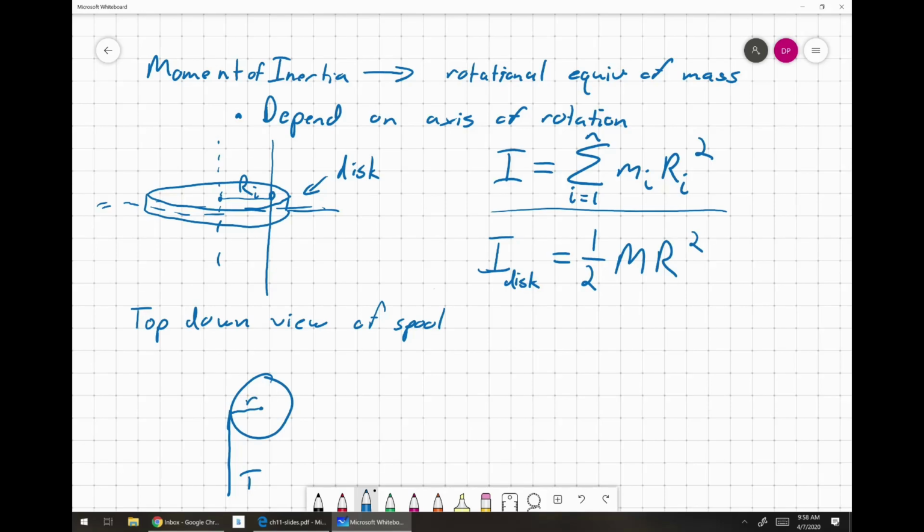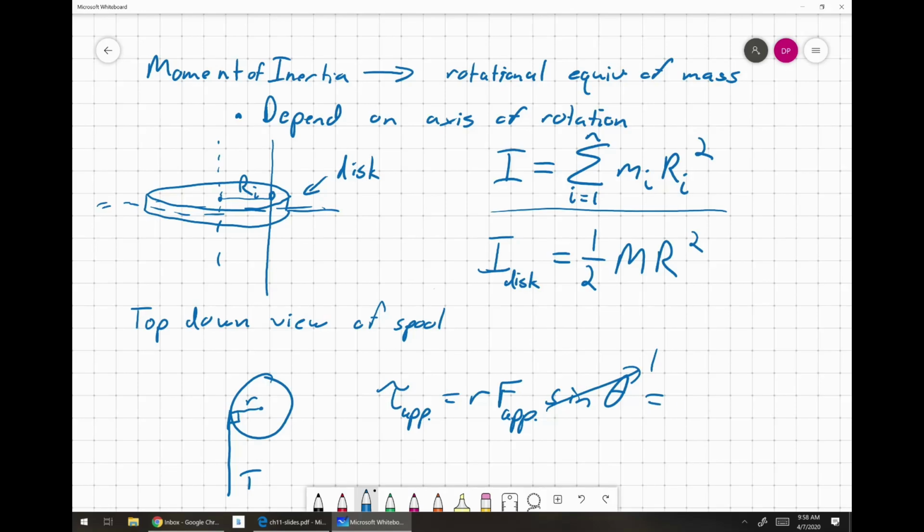So if we call this, say, some little r there, then we know that our torque applied is going to be equal to the radius at which it's applied times the force that's applied, and then times the sine of the angle between them. But in this case, it's just going to be 90 degrees, and the sine of 90 degrees is just 1.